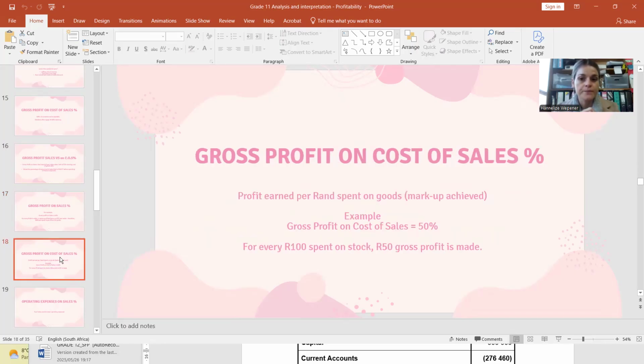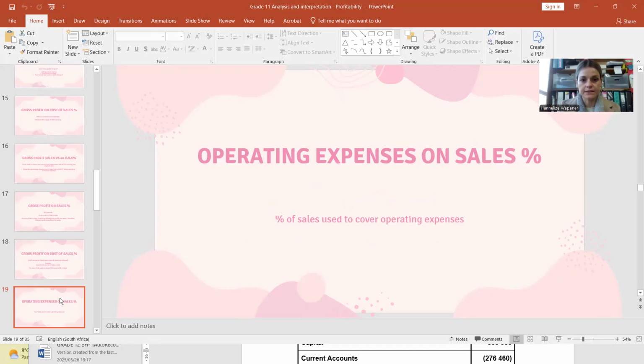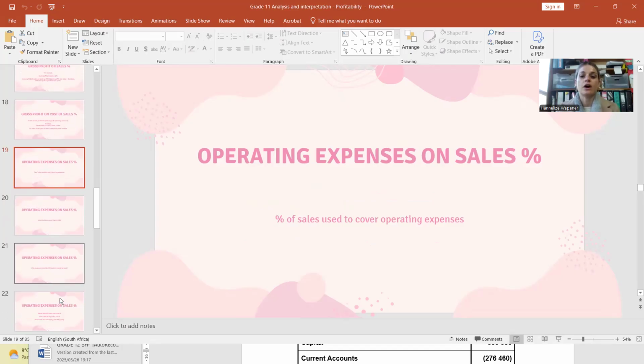If you're only looking at the cost of your goods. Whereas your gross profit on cost of sales is how much profit, gross profit, did I earn on the cost of the goods? In other words, what profit markup did I apply on the cost of the goods to get to my selling price? Right. Then we also have the operating expenses on sales.